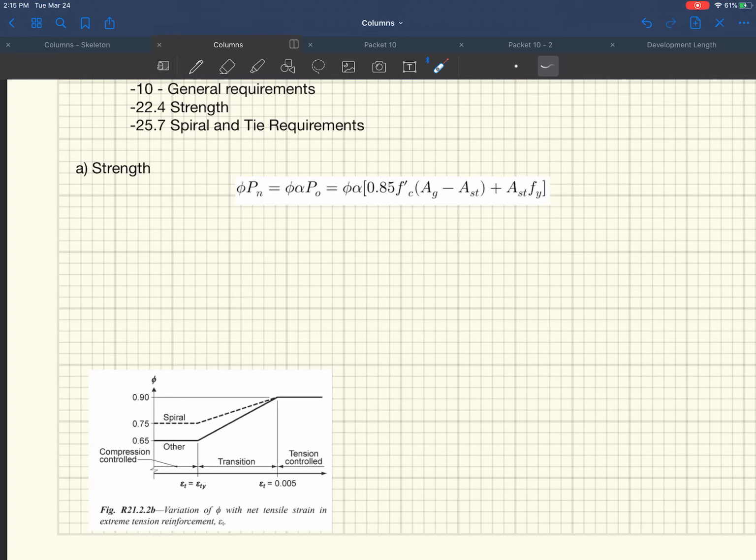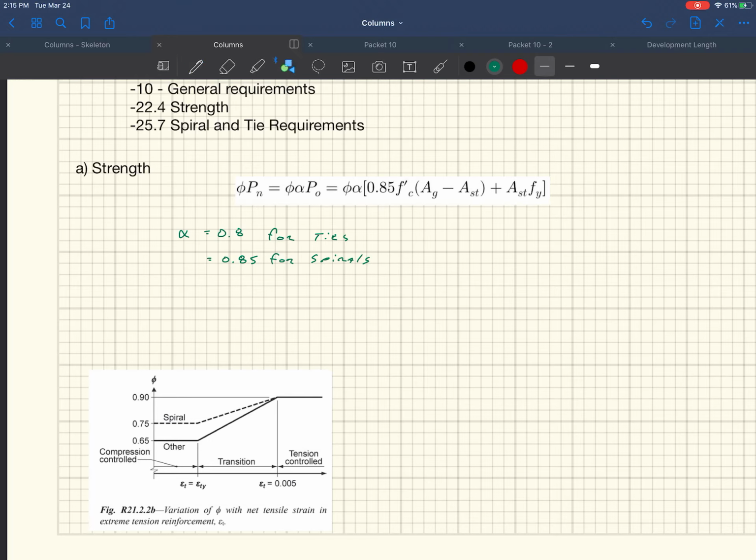So let's talk about what that is for, right? So alpha is equal to 0.85, I guess it's 0.8 for ties, and 0.85 for spirals.